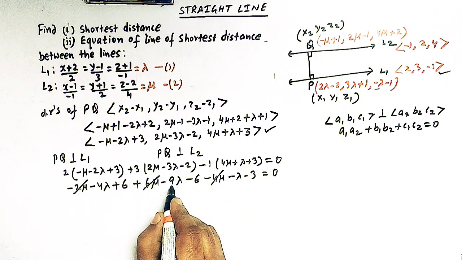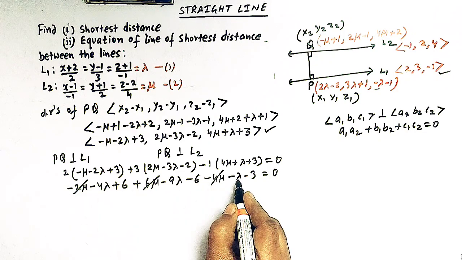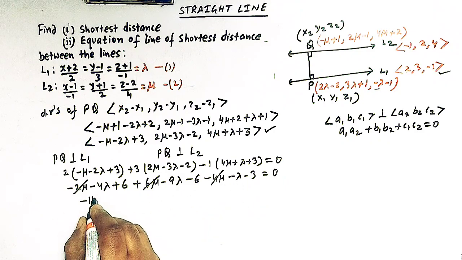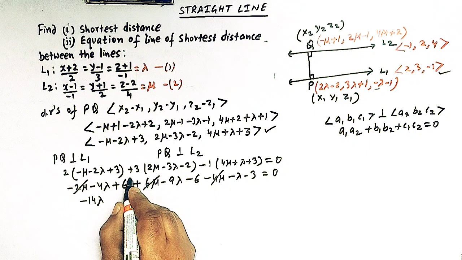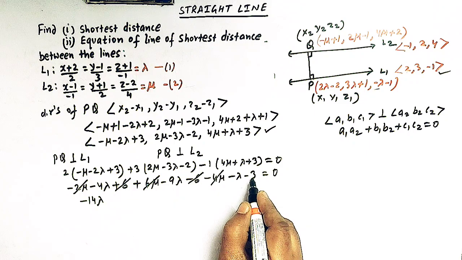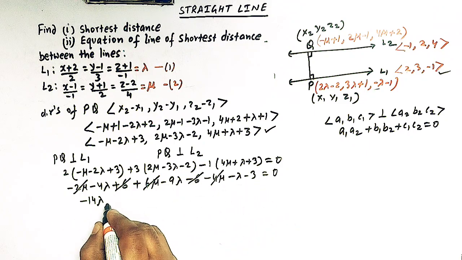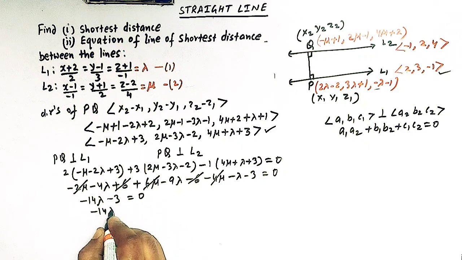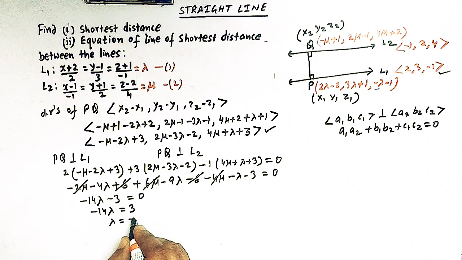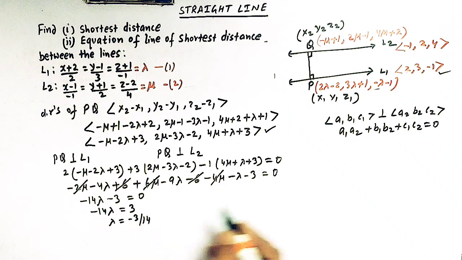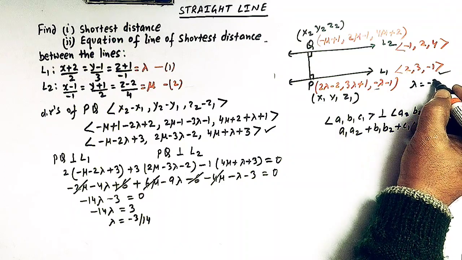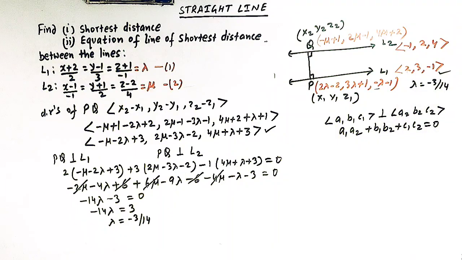Minus 4 lambda minus 9 lambda and minus lambda is equal to minus 14 lambda, and the 6 and minus 6 get cancelled, so we are left with only -3. So we have minus 14 lambda is equal to 3. So lambda is equal to -3 over 14. So here the value of lambda is equal to -3 over 14.